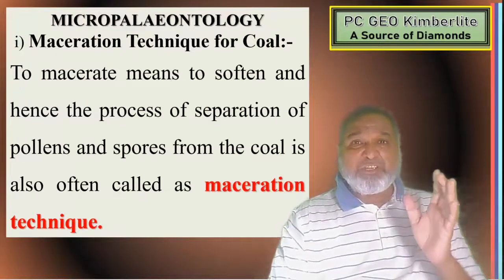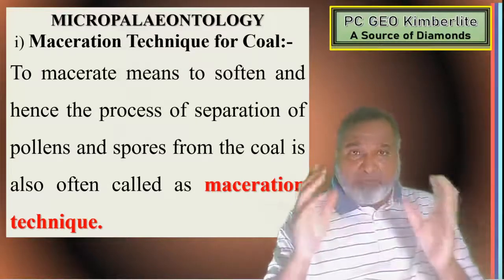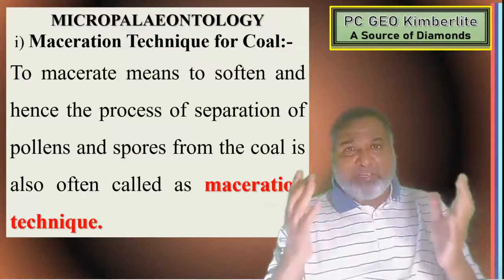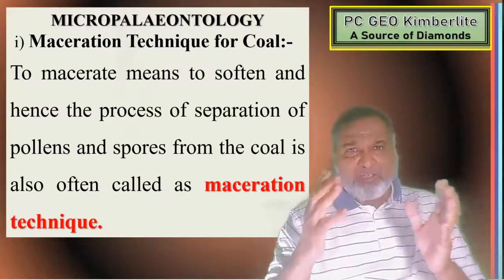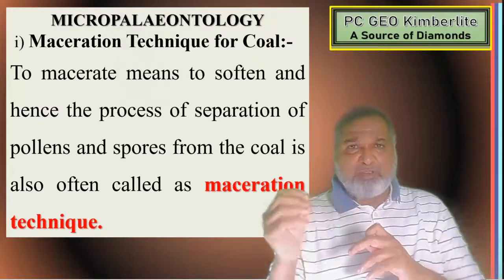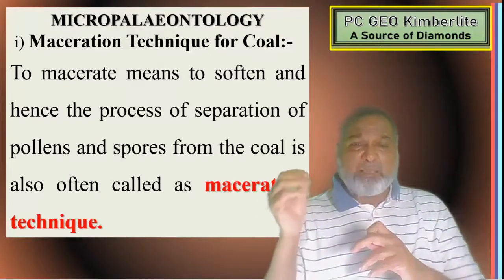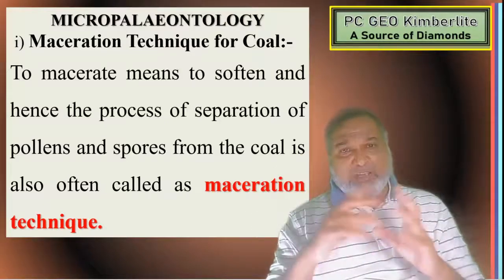The maceration technique. This is again a separate short note. It will be asked 100%, and everyone should know how this technique takes place. Maceration means to soften, and hence the process of separation of pollens and spores from coal is also called the maceration technique.